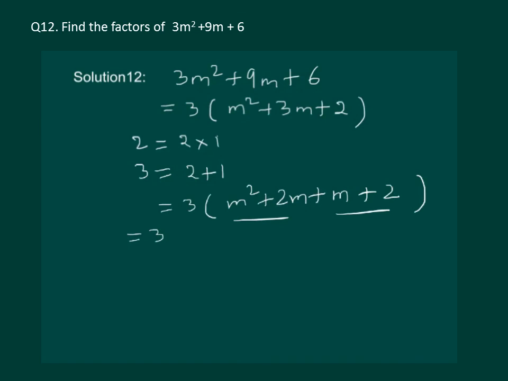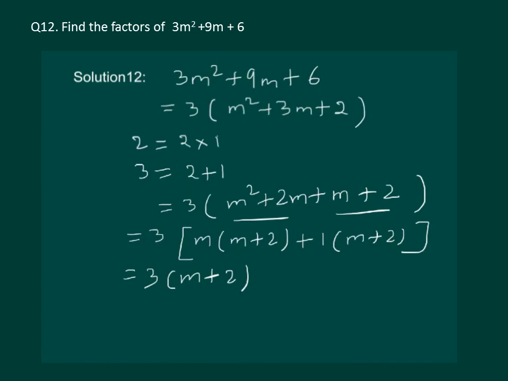We get m common and m plus 2 remains. Similarly, plus 1 common and m plus 2 remains. Again, taking out m plus 2 common from the two terms gives us m plus 1 remaining, and hence 3, m plus 2 and m plus 1 are the required factors of 3m square plus 9m plus 6.